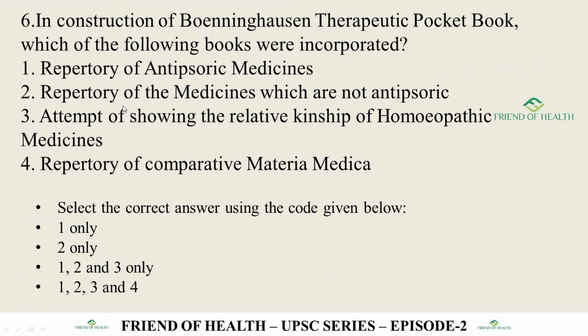The 6th question. This is a typical UPSC question. Why? Because there will be 4 multiple options, and the answer will be like 1 only, 2 only, 1, 2 and 3, 1, 2, 3, 4, like that.